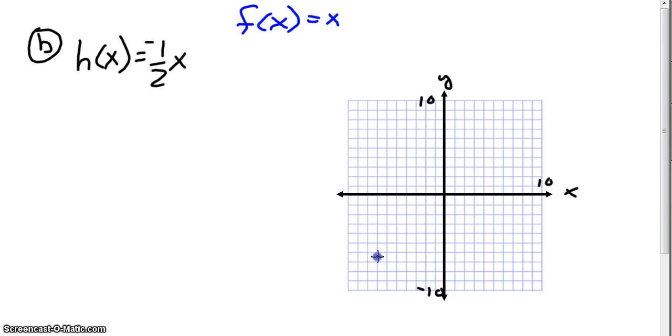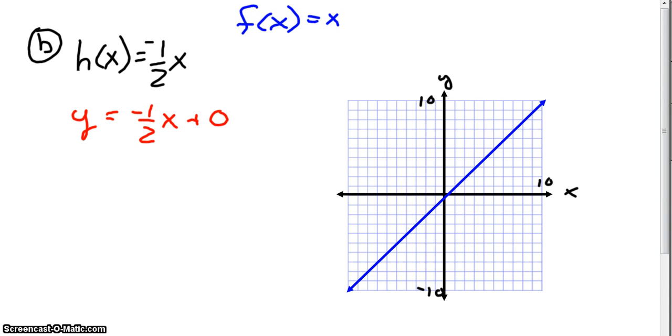And so the parent function has a slope of 1 and travels through the point of origin. Okay, so now h of x. So we said in order to graph it, we could put it into slope-intercept form. So Haley put it in slope-intercept form. Y equals negative 1/2 x plus 0.